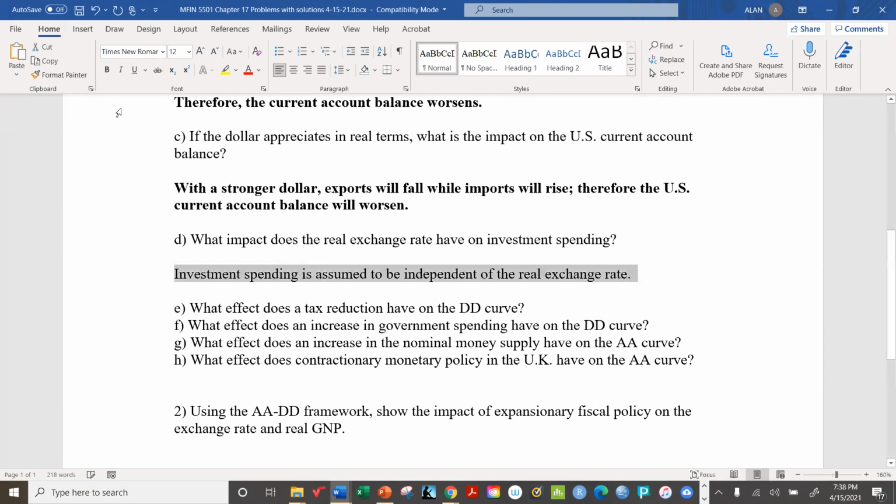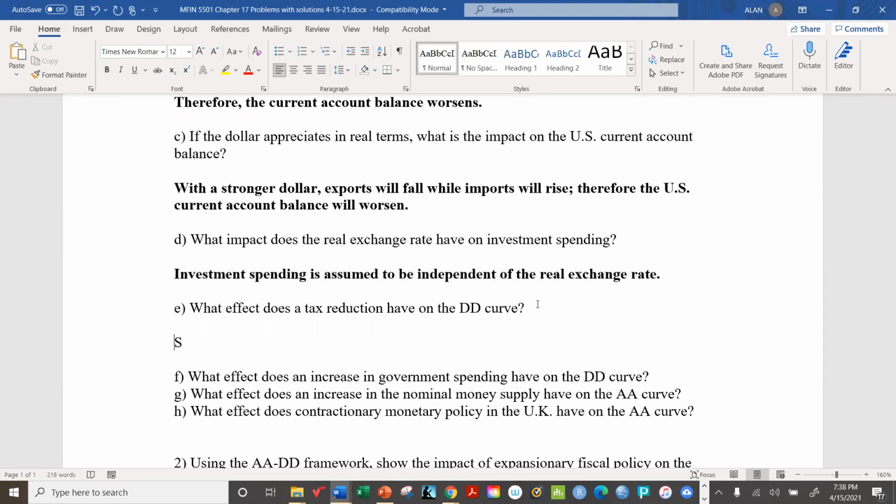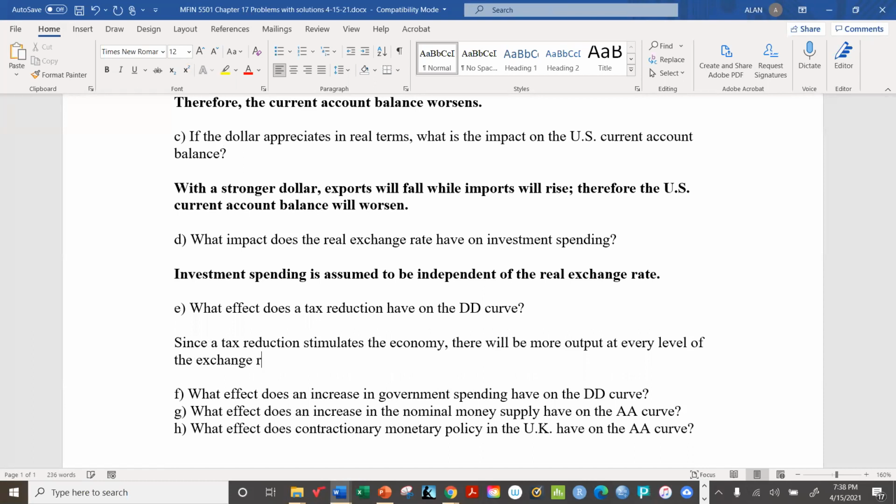All right. Now, what effect does a tax reduction have on the DD curve? Since the tax reduction stimulates the economy, there will be more output at every level of the exchange rate.